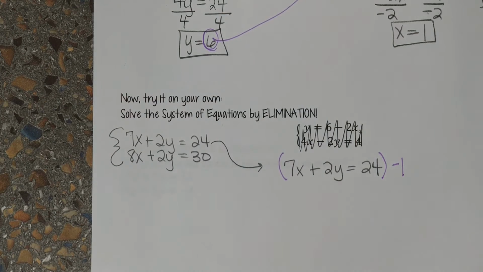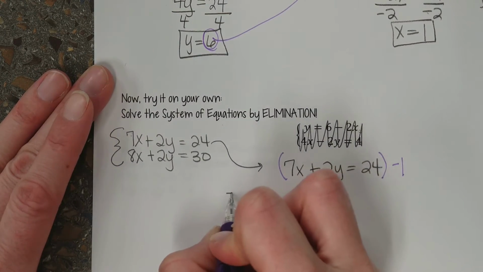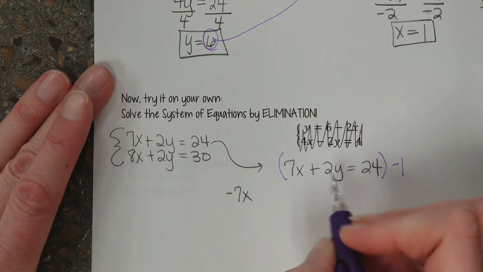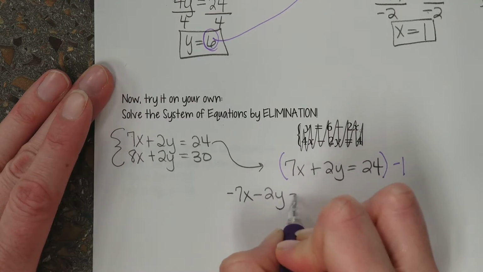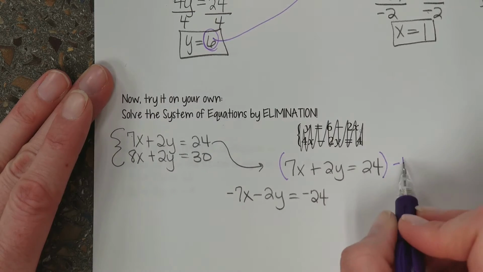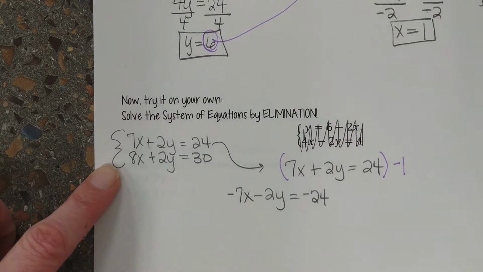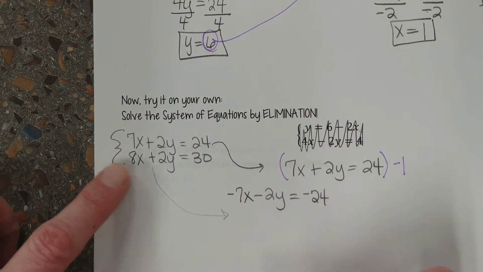That means everything inside of it is going to change its sign, and that's it. So when I do that, my positive becomes a negative, my positive becomes a negative, and my positive becomes a negative. Now, if one of these had been a negative, multiplying it by a negative would have made it a positive, okay?